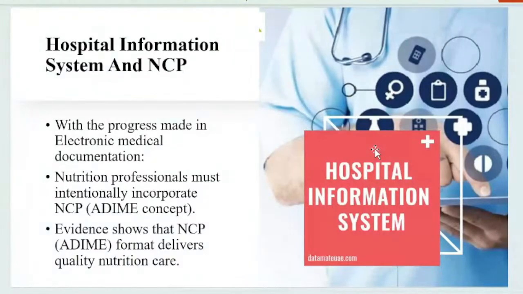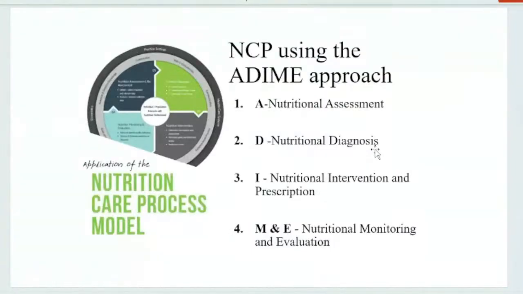So mainly what you do is that you should have the sections in your system, the nutritional assessment section, and then the domains under the nutritional assessment. You have to bring all of them. You can either make it a space or you can make it a drop down. So if it comes to food and nutrition related, you have a section for that, and then you can type in, or it's a drop down that you can click.